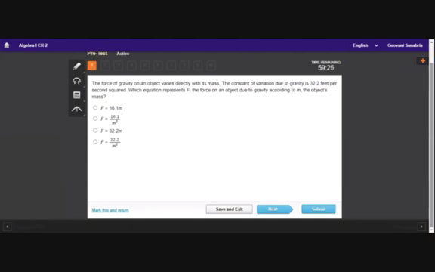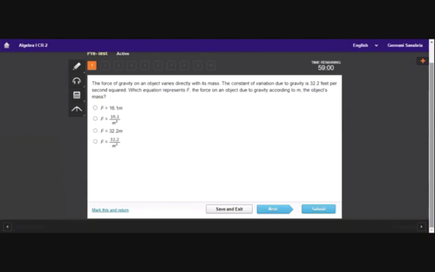The constant of variation due to gravity is 32.2 feet per second squared, which equation represents F. I think it's C. When it says varies directly, that means it's some number times another number.